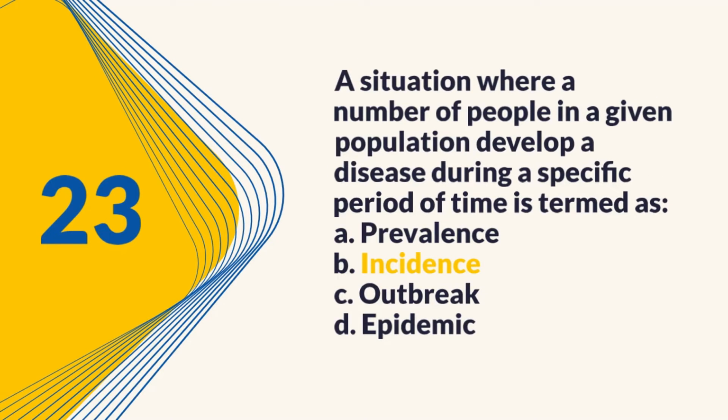Incidence refers to the number of new cases of a disease occurring in a specified population during a specific time period. Prevalence, A, measures the total number of cases at a given time, while an outbreak, C, and epidemic, D, indicate a higher than normal occurrence of a disease. So, the correct answer is B, incidence.